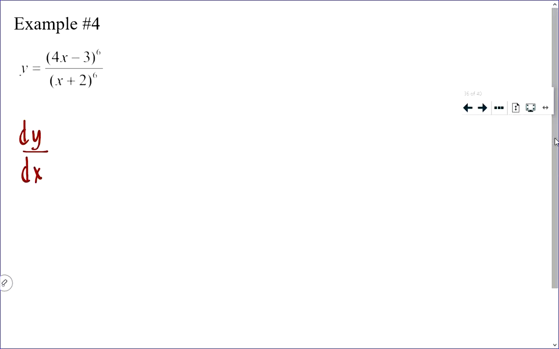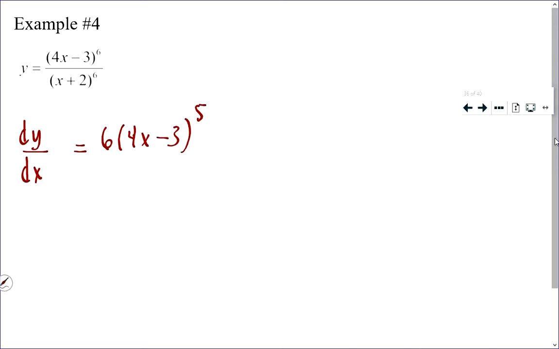So the derivative of the top will be the following. Answer this question for me: is what I've written the derivative of the top? It's not.